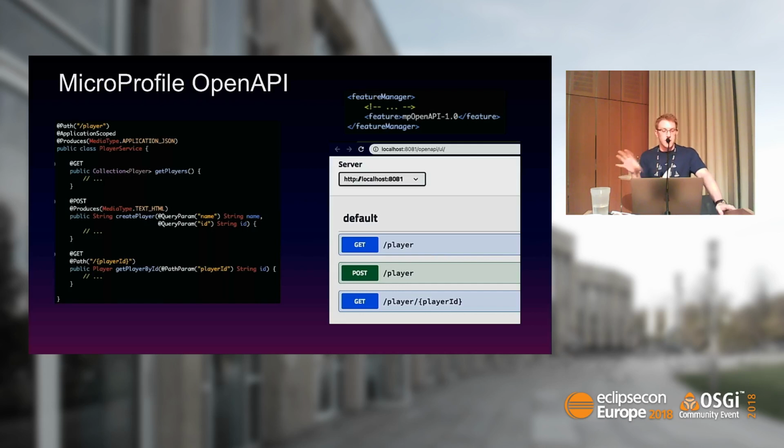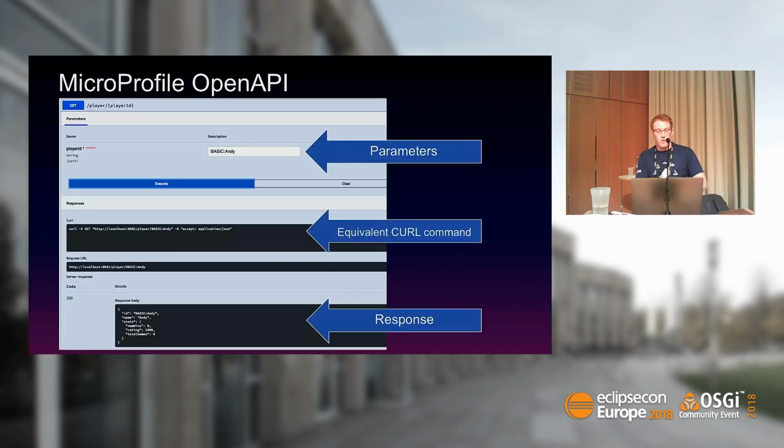And I got this nice interactive web user interface that allowed me to invoke the individual REST operations on my backend without having to do any other config or making any code changes to my JAX-RS resource.